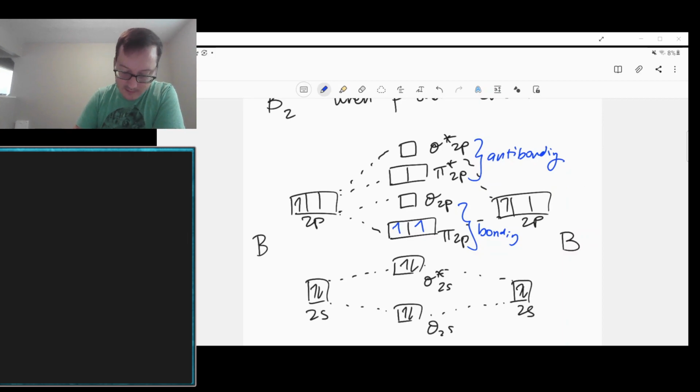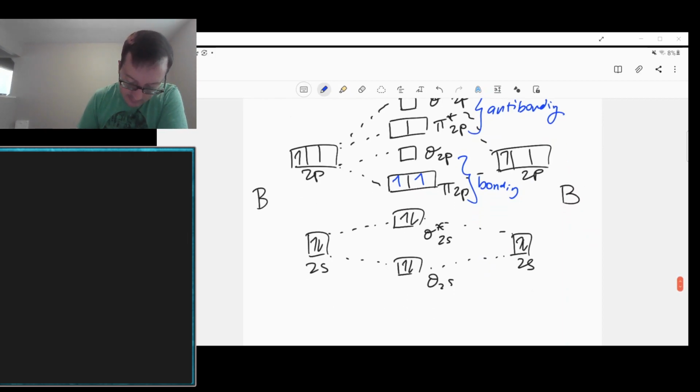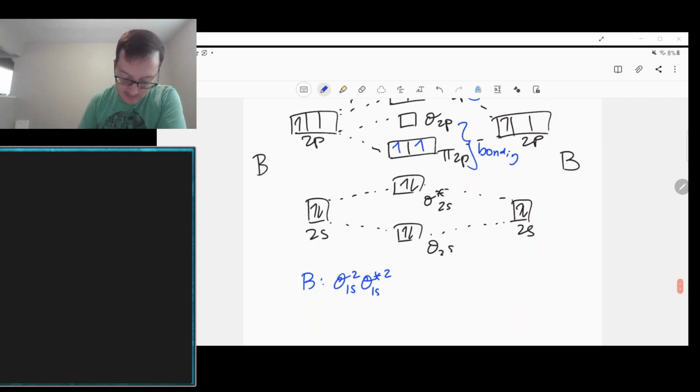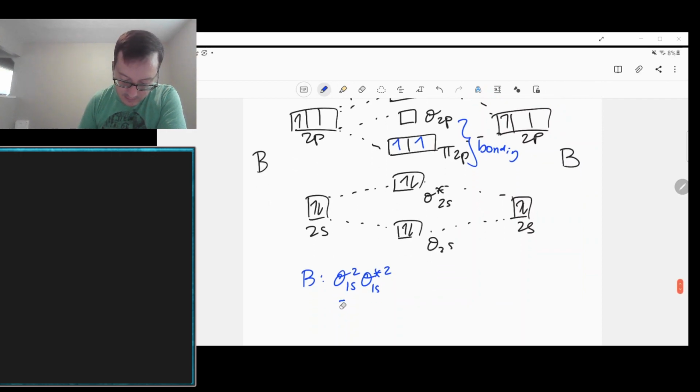So we might describe this electron configuration. Of course, we have our 1s orbitals. We can't really use a cheat on this. Then we have 2s, sigma star 2s, and then pi 2p.